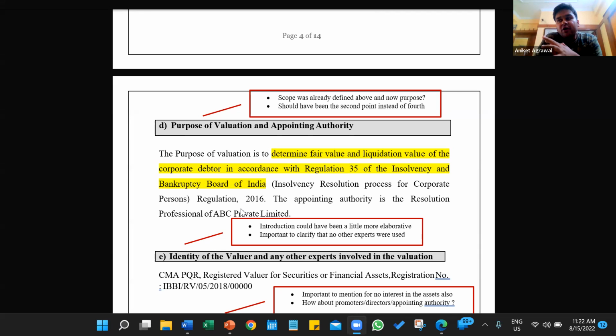Because when we are talking about insolvency proceedings, many times we will find that the property is under wrongful or adverse possession, and that is important.